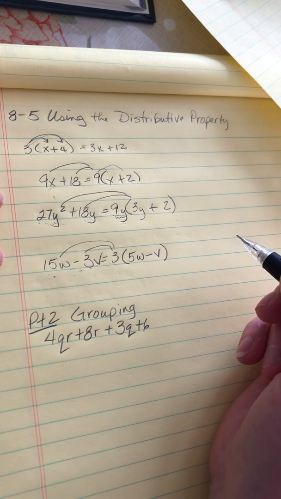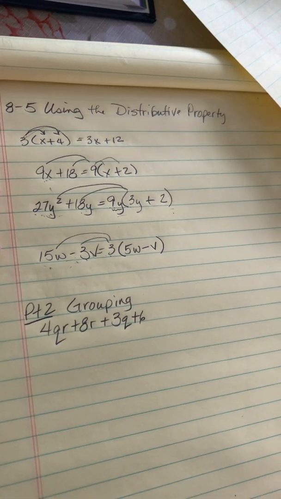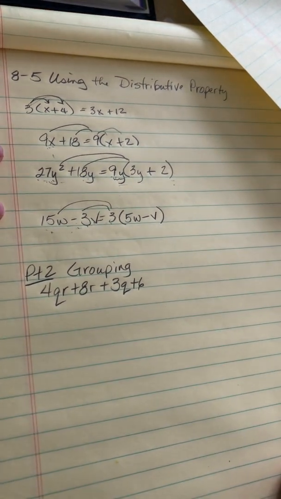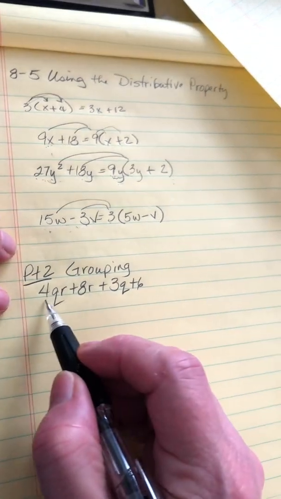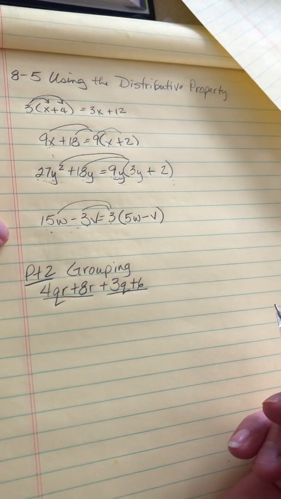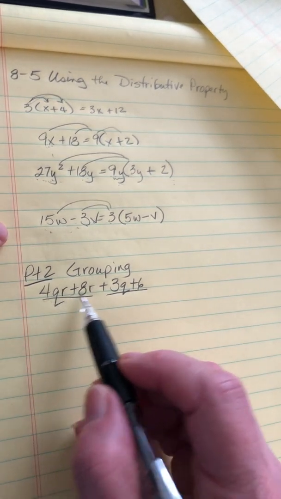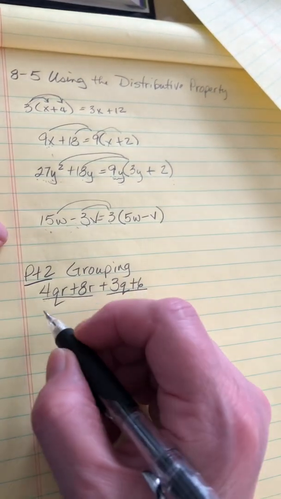Now, part 2 talks about factoring by grouping, because sometimes you have a large number of terms. In fact, if I have 4, I really want to look at them in pairs. And I look at these, and they have an r in common, and they have a factor of 4.